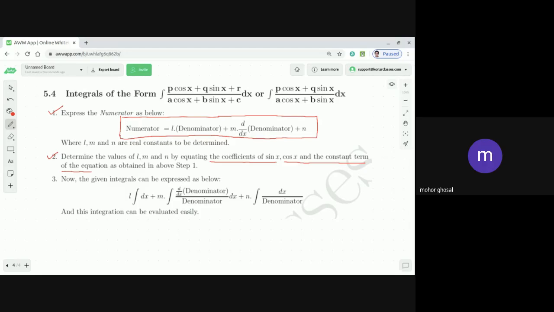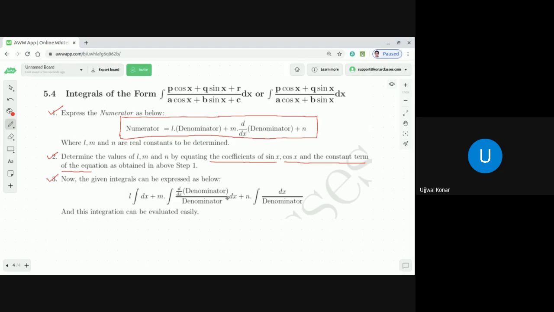Once we achieve step 2, that we found the values of L, M and N, then our given integration is expressed in step 3 as L into integration dx plus M into integration of d/dx of the denominator by the denominator dx plus N into integration dx by the denominator.